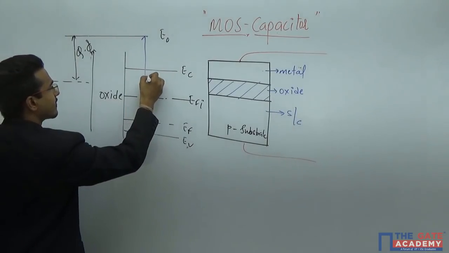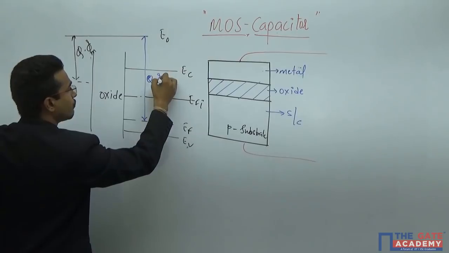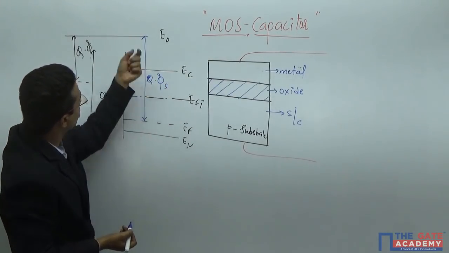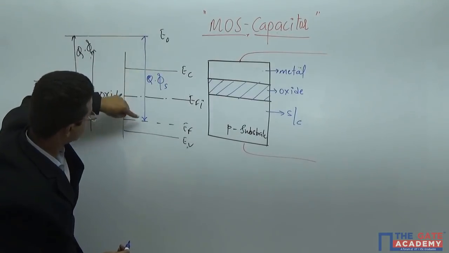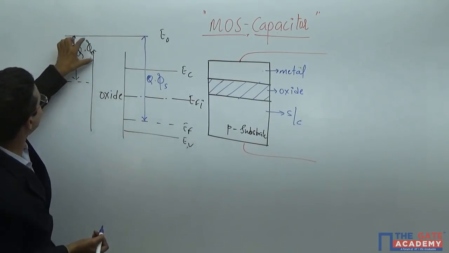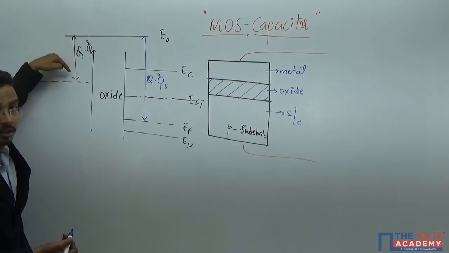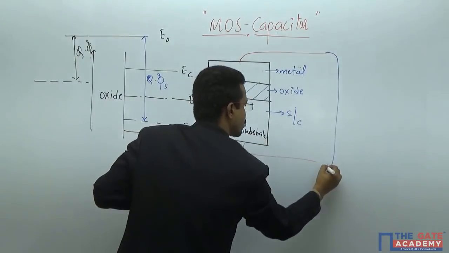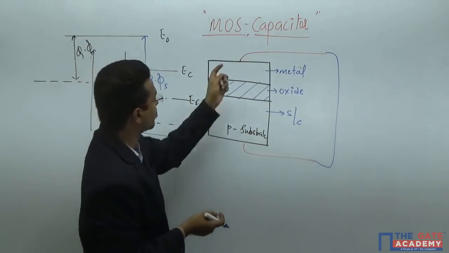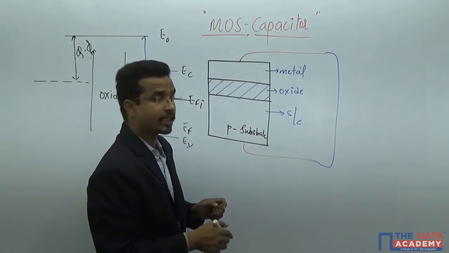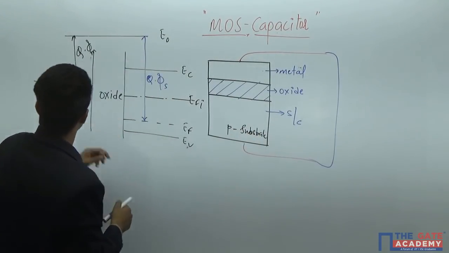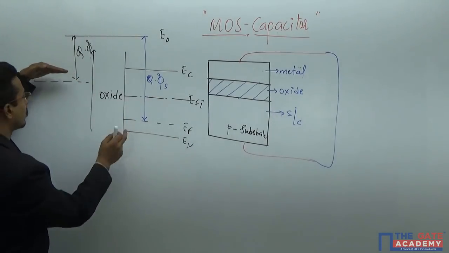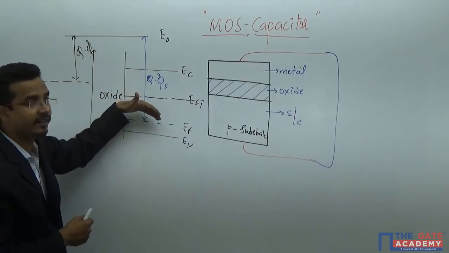Say this is q phi S, where phi S is the work function of the semiconductor, and phi M is the work function of the metal. If I connect the metal and semiconductor by a short circuit, charge carriers will flow from metal to semiconductor, because the energy here is higher than this.